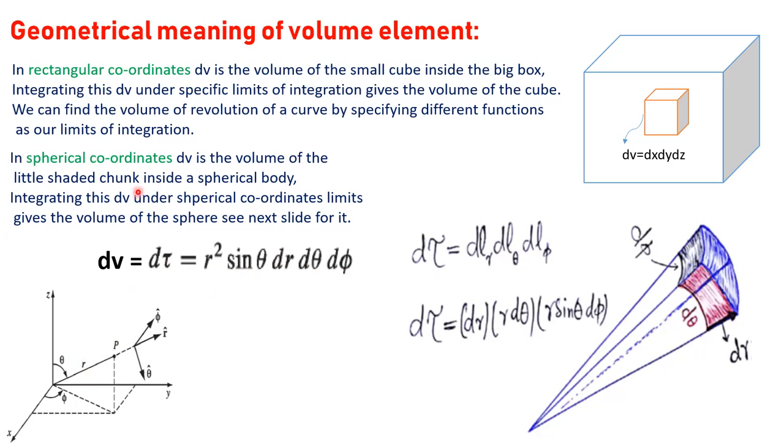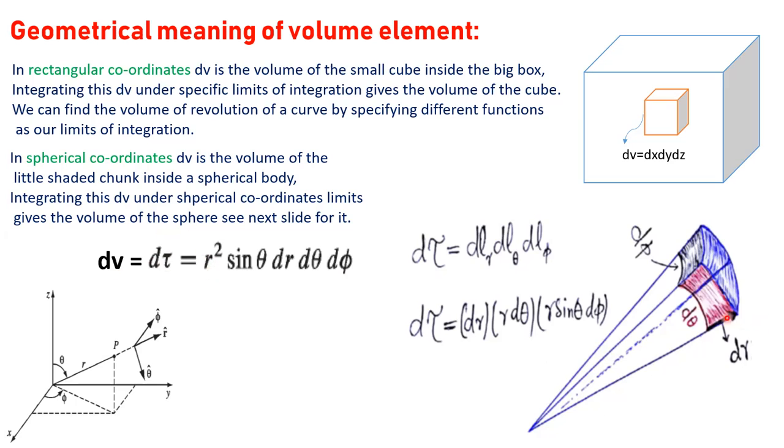Now, as in the case of rectangular coordinates, where dV represents the volume of this small box, similarly this dV in spherical coordinates, which some authors write as d tau, gives the volume of a small chunk inside a spherical object.